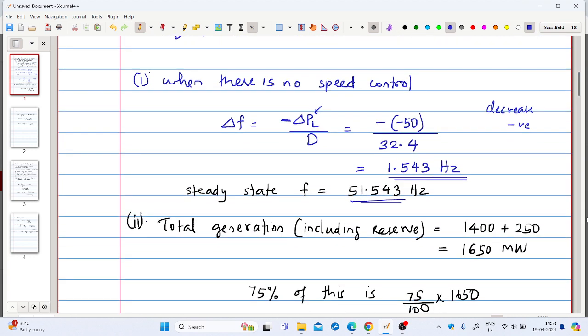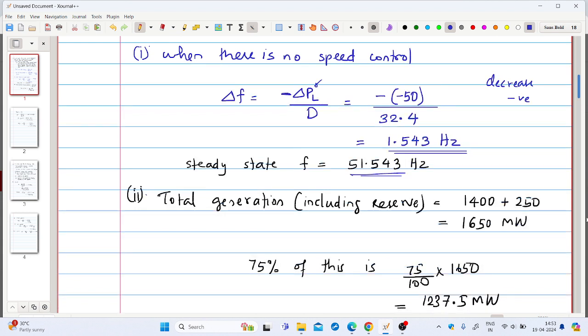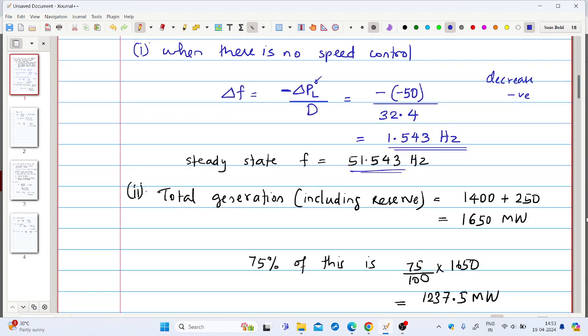Now the second scenario, when there is a spinning reserve as well as speed governor. So the total generation including the spinning reserve is 1400 megawatt plus 250, so it is 1650 megawatt. And 75% of this will respond to the load change, because only 75% of the governors will respond.